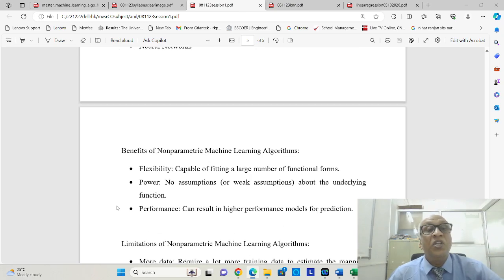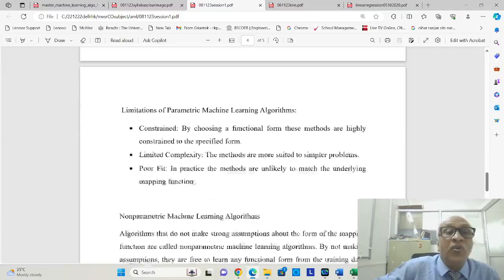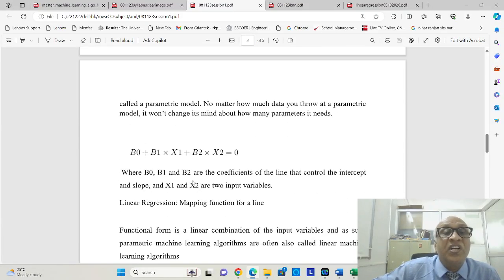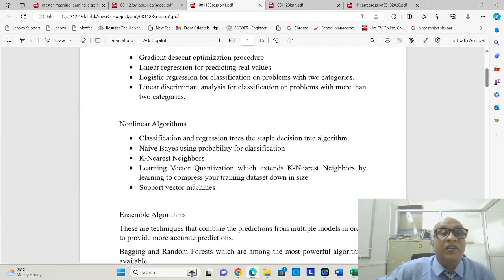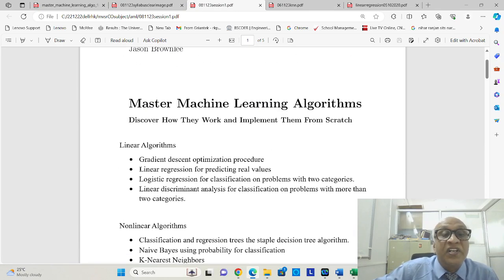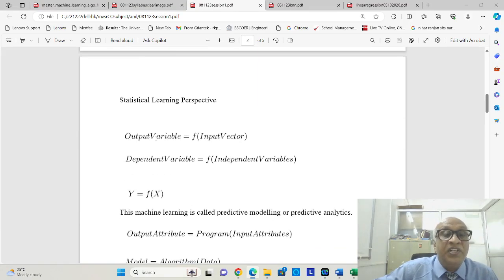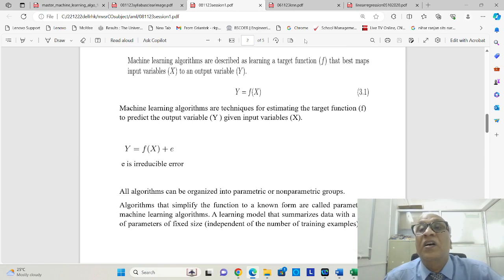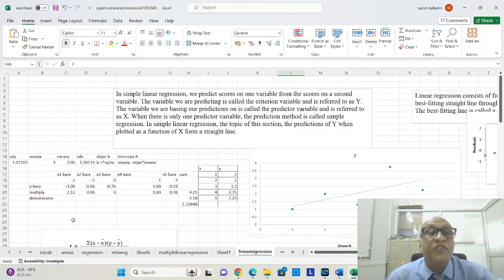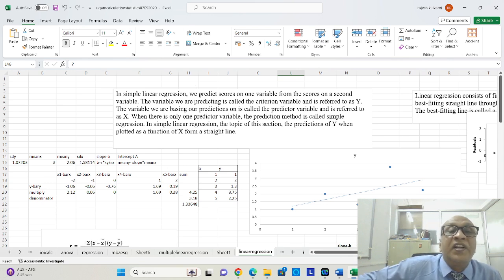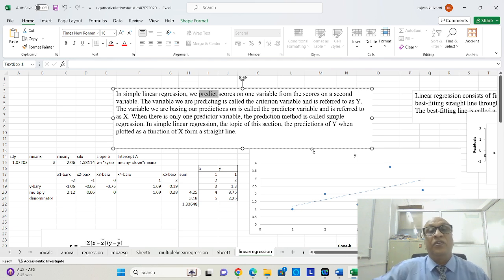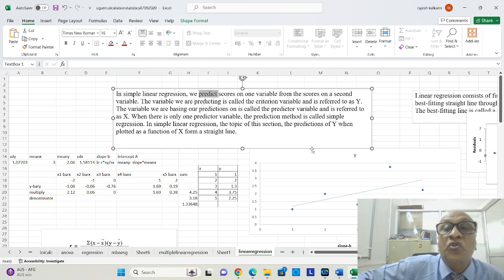So, if you look at linear regression, which category was it falling under? Linear regression falls under linear algorithms. What we spoke about: a simple linear regression predicts the scores on one variable from the scores on a second variable.